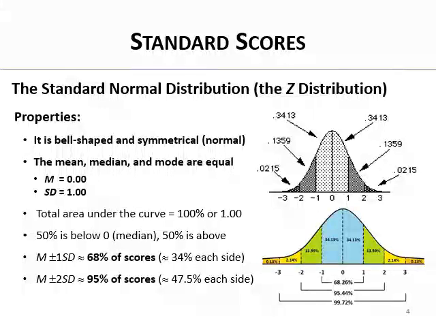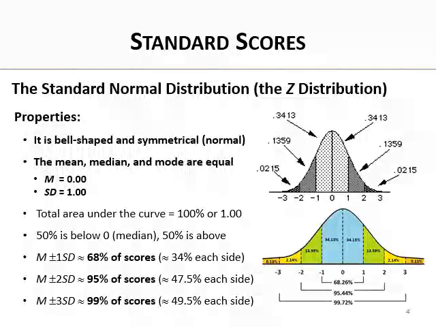And again, because it's symmetrical, that's about 47.5% on each side. So that is the -2 to the +2 in that graph on the right. And then finally, the mean plus and minus 3 standard deviations is the middle 99% of all scores in a z-distribution, and that is 49.5% on either side.